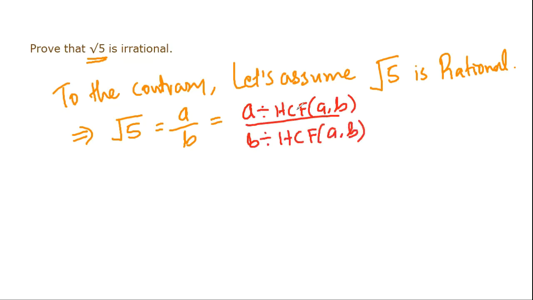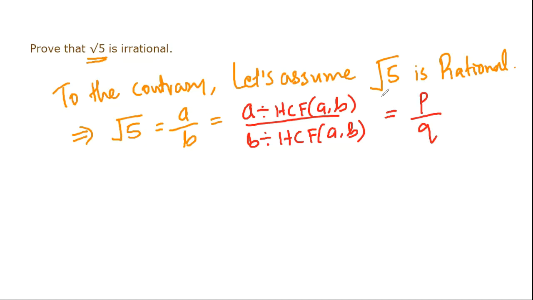I will get the numerator and denominator as co-prime numbers, so this will be the simplest form of a by b, which I will write as p by q. Let's consider p by q as the simplest fractional form of root 5.